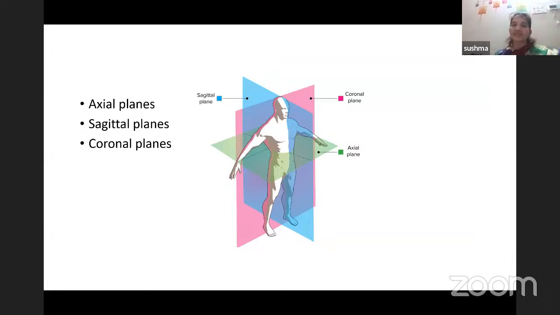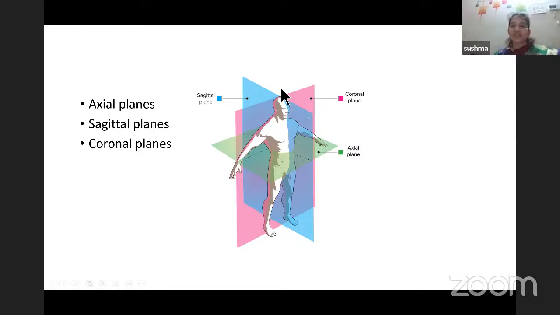First we'll discuss axial, sagittal, and coronal planes. Axial planes are nothing but transverse sections, as we read in human anatomy. These are the most common planes taken even in fetal ultrasound of the fetal brain.